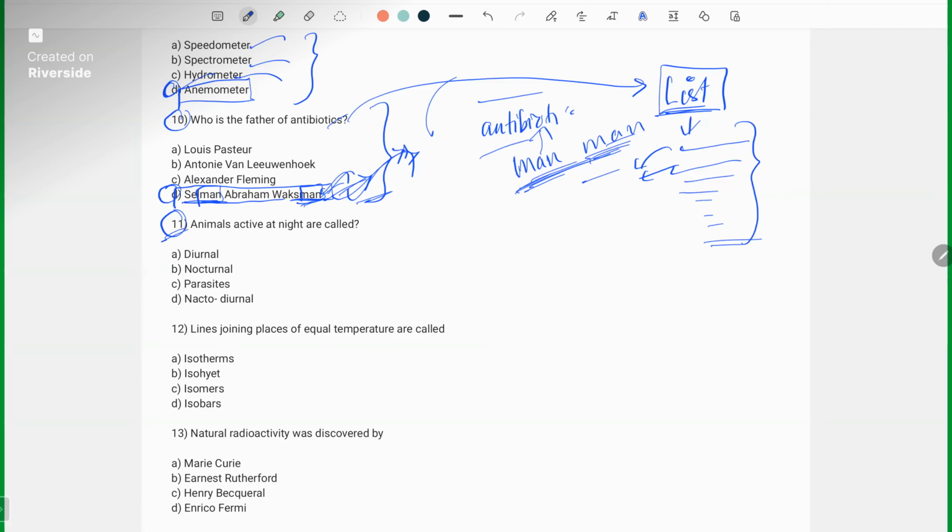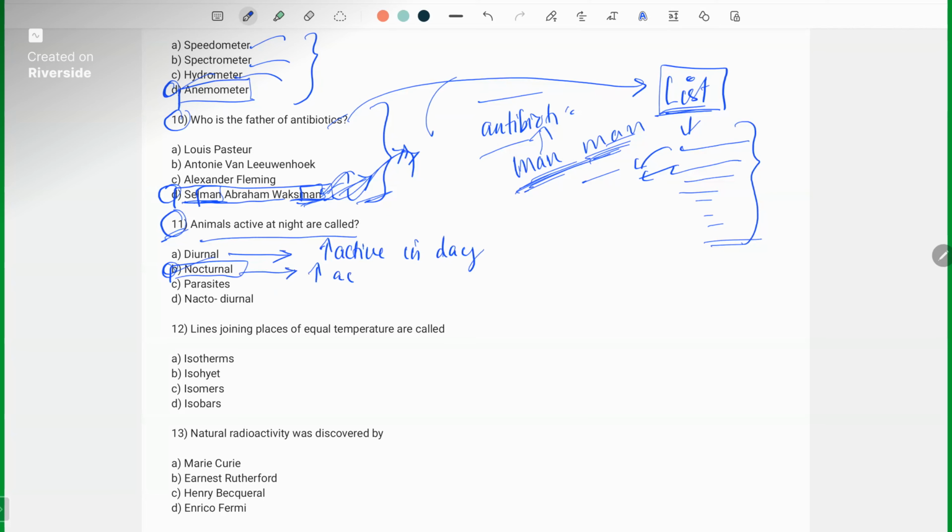Come to question 11. Animals active at night are called. What is the answer? See, animals active at night are called nocturnal animals. And diurnal animals are animals more active in the day.